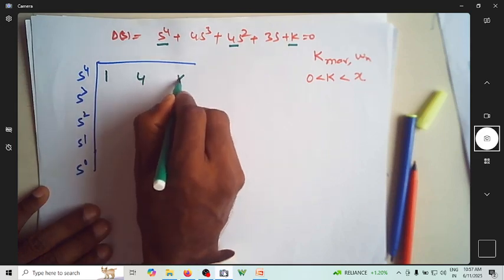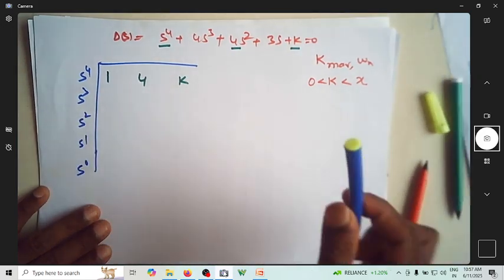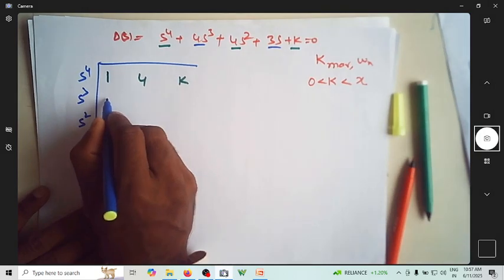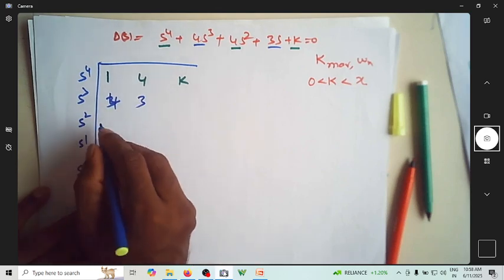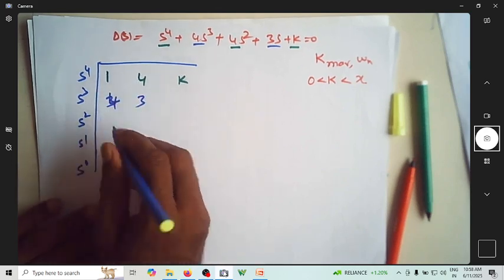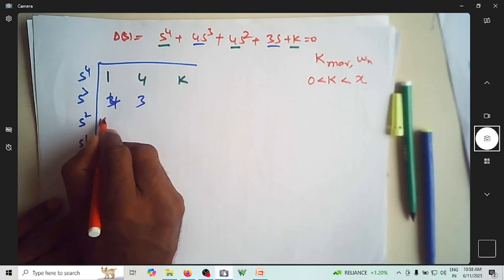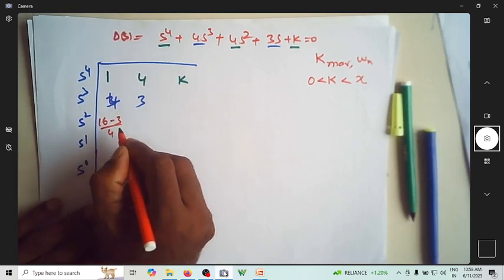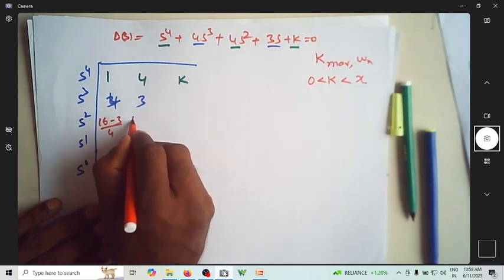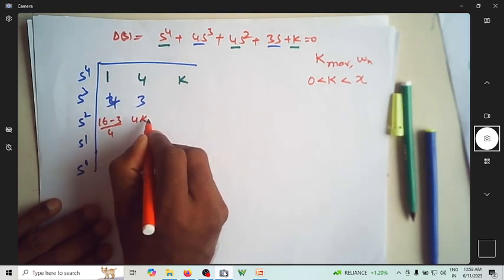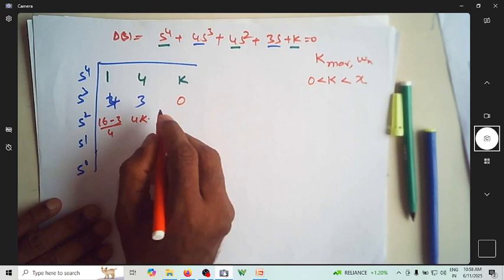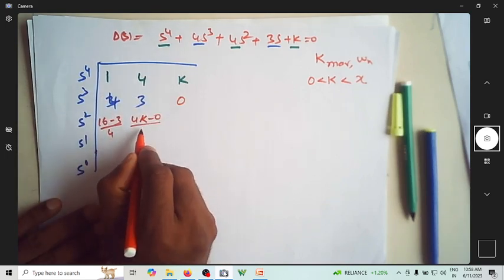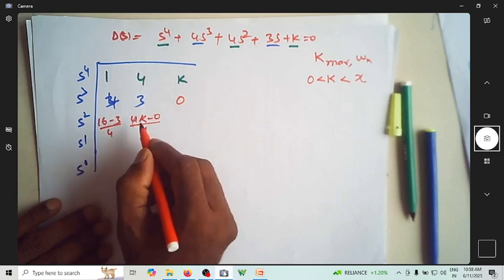Next it is 4 and 3. So this element is nothing but 16 minus 3 by 4, and 4 into k minus 0 by 4, which will become k.